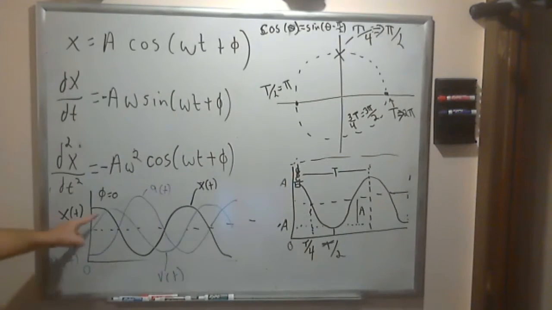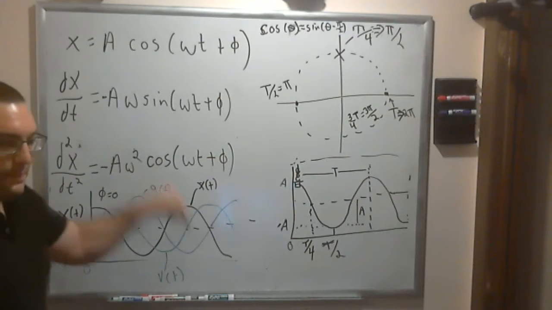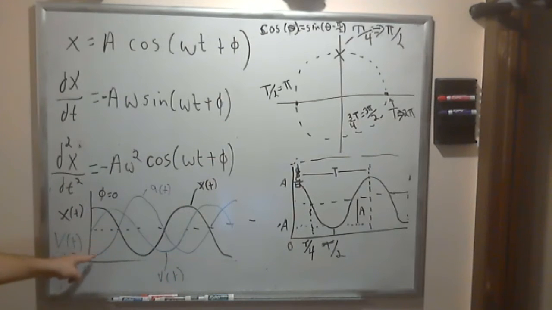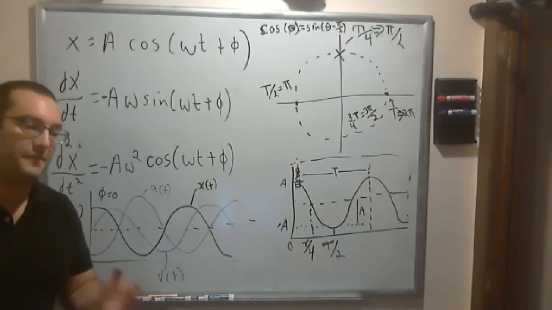So for this, whenever the position is at its max height, the acceleration is in the opposite direction. And what we say is that this is pi out of phase, or completely out of phase, right?